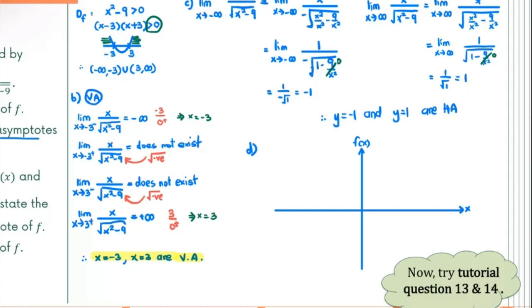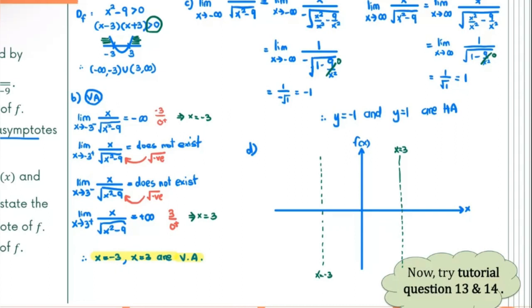So saya gunakan warna hijau untuk lukis dia punya asymptote. Let's say sini lah. This is my x equals to negative 3. And here is my x equals to 3. Tak cukup ruang pula ya. Kacau pula now tutorial ni.